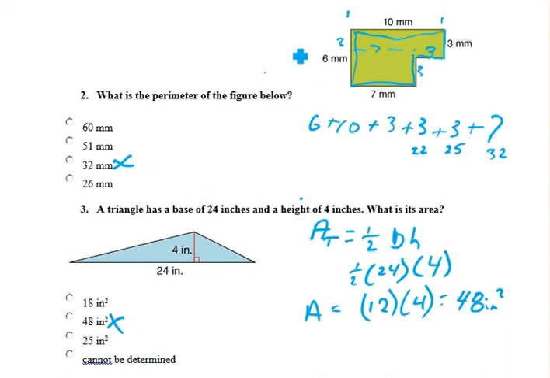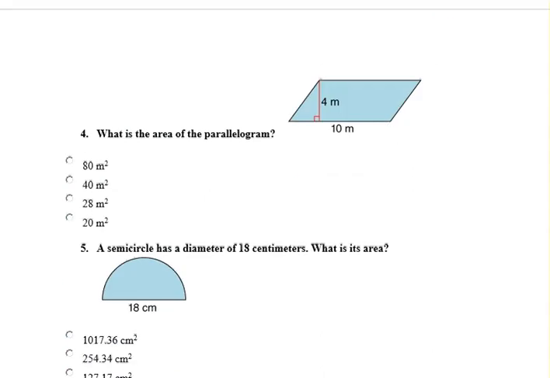I determined it. It can be determined. And let's go to number 4. What's the area of a parallelogram? Area of a parallelogram equals base times height. It's just like a square, but you got to take the height.